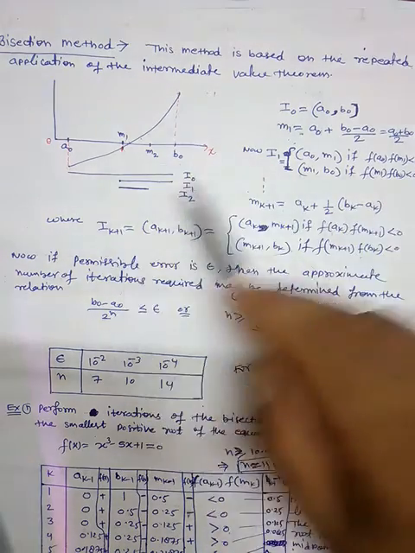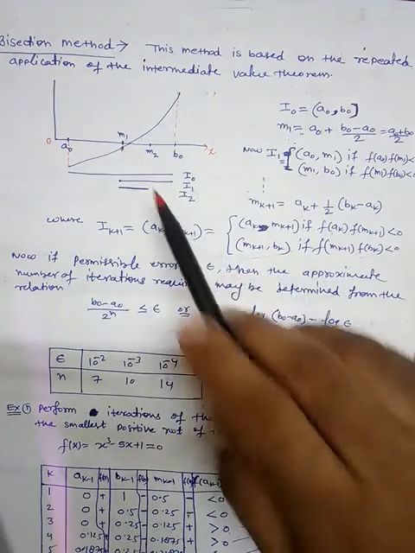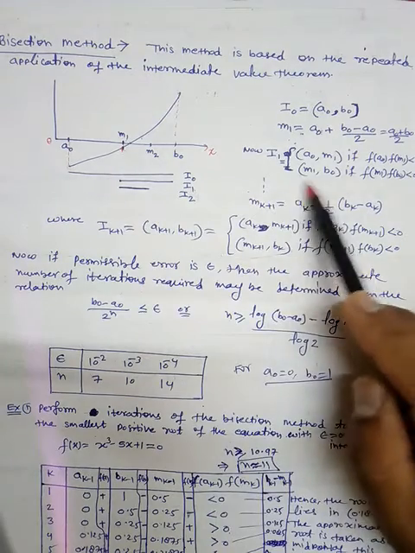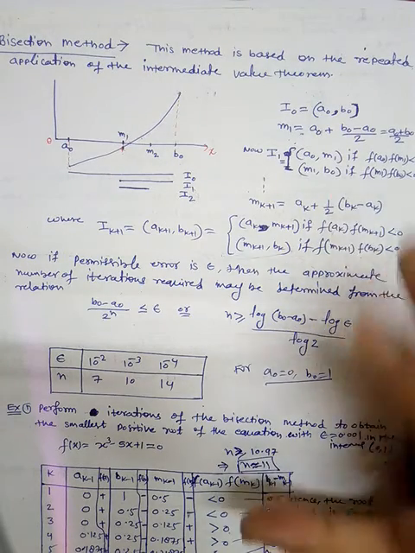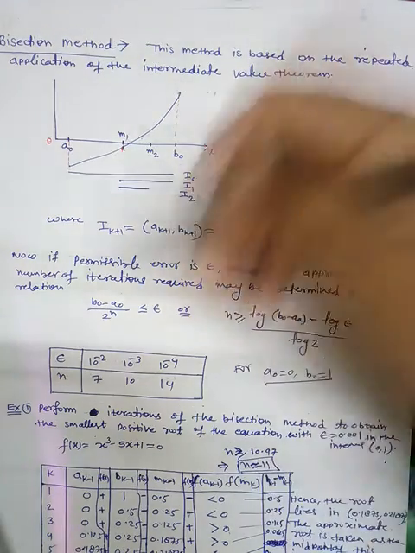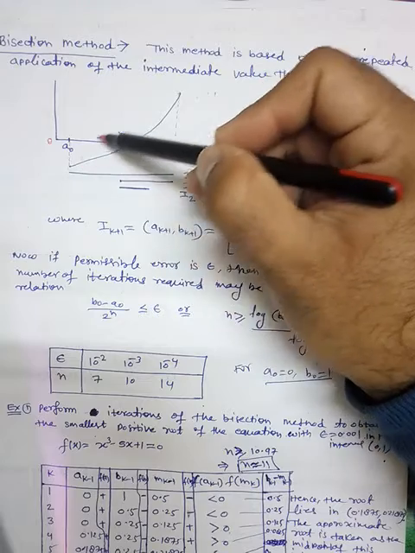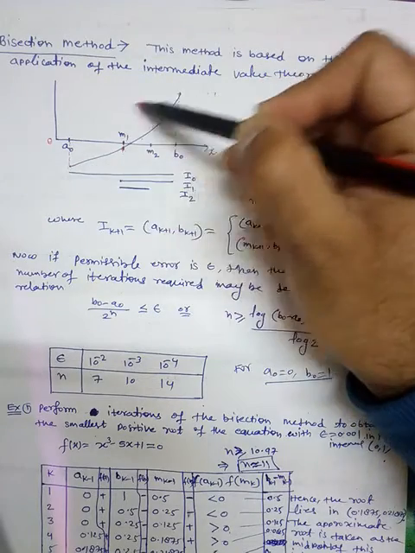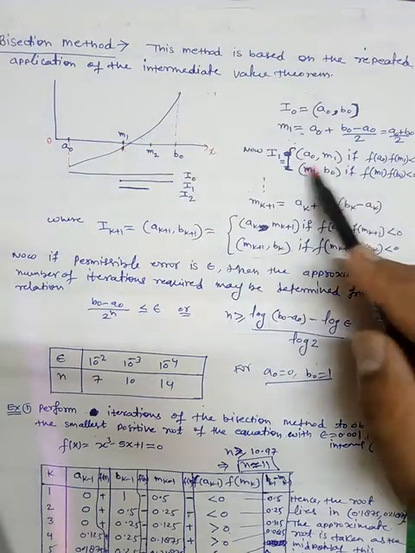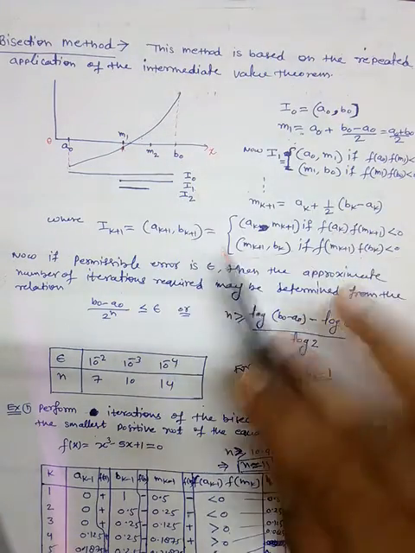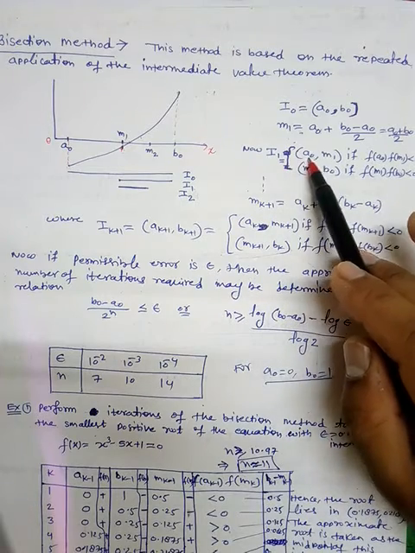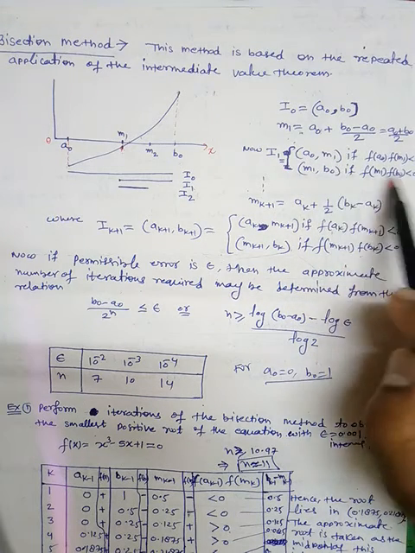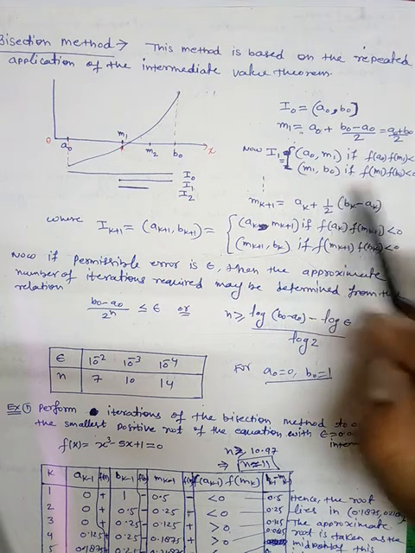In this figure we are taking the second part, m1 b0. But in general, for another example, your curve may intersect somewhere in the first part, so you would take the first part. So I1 is either a0 m1 if this condition holds, or m1 b0 if this condition holds.